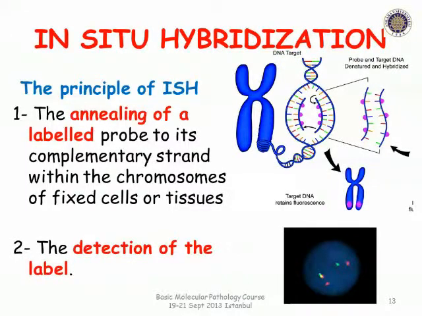I will just briefly go through in situ hybridization. The principle is the annealing of the labeled probe, and your material is the cells or the tumor cells in the tumor tissues, which are our material as pathologists in our daily routine practice.